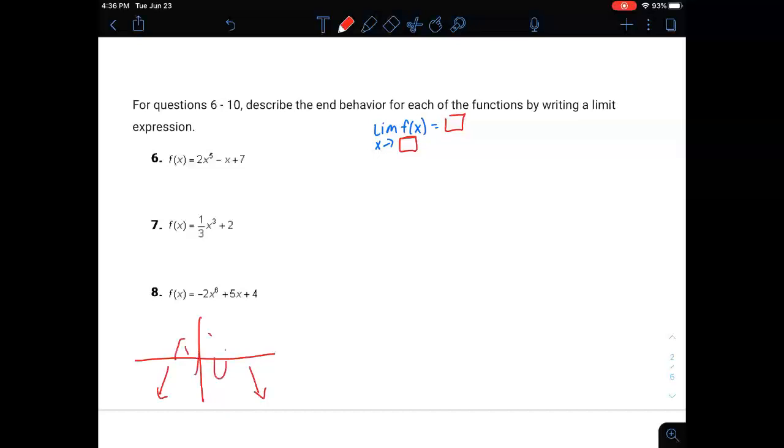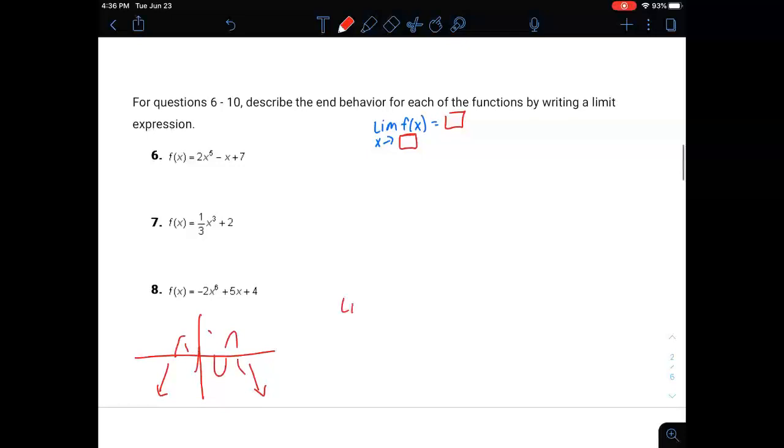There can be a lot of things that go on in here, but when we're just talking about end behaviors, there's no point in looking at the rest of this. So the answer for this one is the limit of f of x as x goes towards infinity is going to equal -infinity. And our limit as x goes towards -infinity is also -infinity.